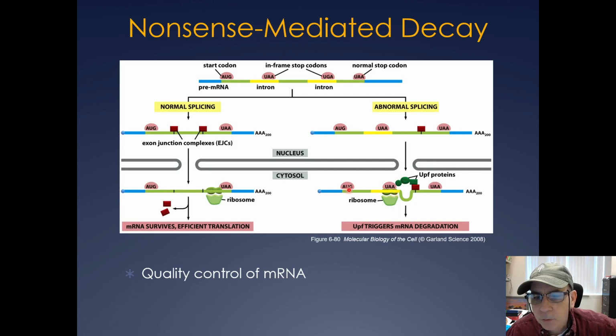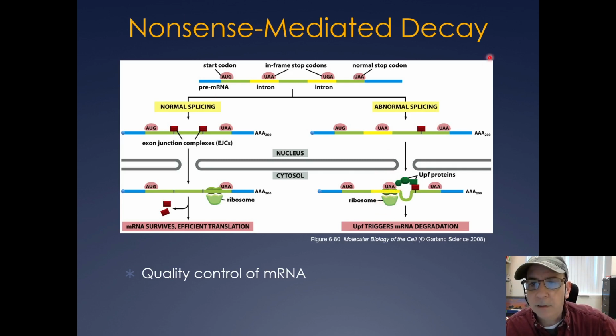As the ribosome moves down, if it hits a stop codon and there are still exon junction complexes remaining on the messenger RNA, proteins called UPF proteins come in, and this triggers the RNA to be degraded, because it's making an improper protein, and there's a nonsense mutation present from the intron that was not spliced out.